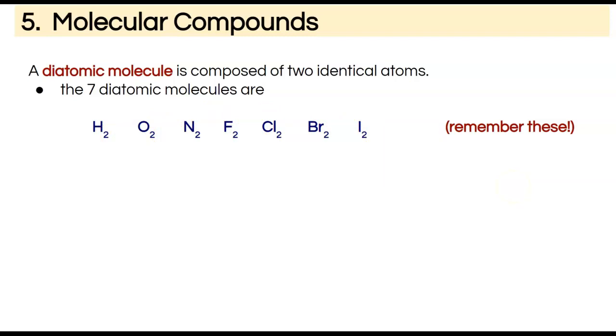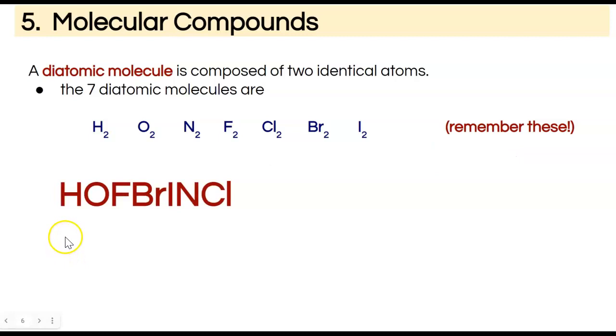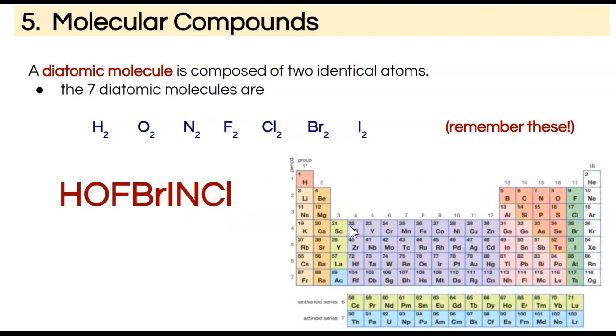So one way that students will remember them is to remember this mnemonic. And I call it Hofbrinkel. Here we have all the letters of the elements that are diatomic: hydrogen, oxygen, fluorine, bromine, iodine, nitrogen, and chlorine. Another way to remember is where they're located on the periodic table. Let me see if I can draw this.